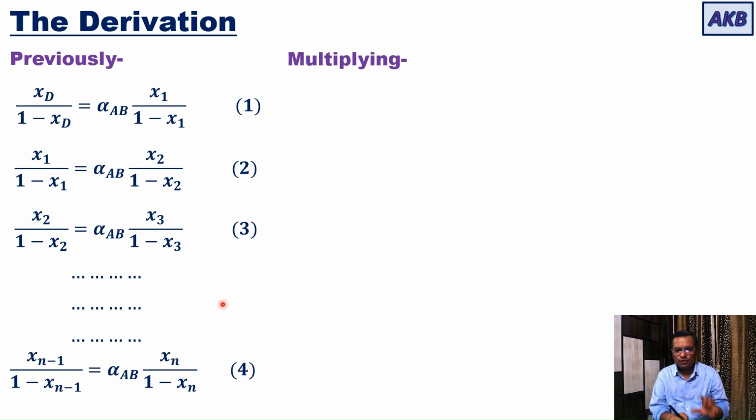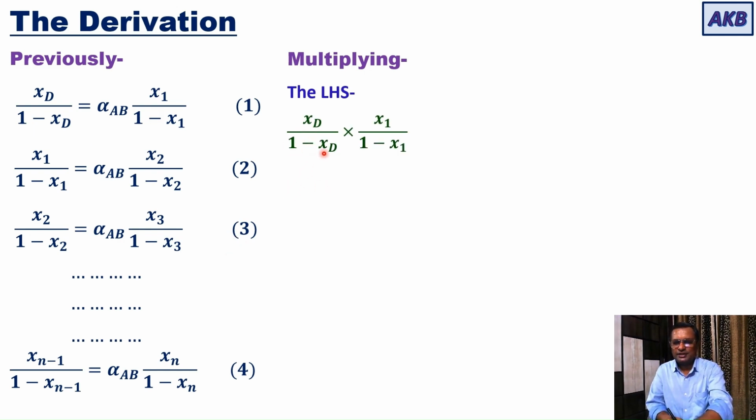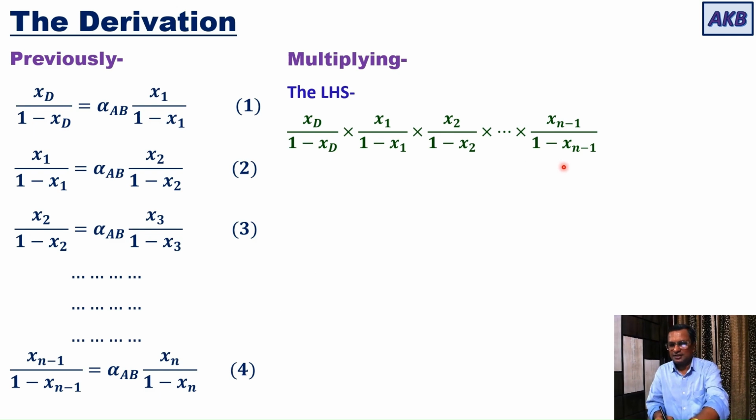Now we are going to carry out one task, and the task is we are going to multiply all these equations together. So the right hand sides will be multiplied and the left hand sides will be multiplied. If you carry out the multiplication on the left hand side, you will get xd upon 1 minus xd into x1 upon 1 minus x1 into x2 upon 1 minus x2 into the final term, which in this case will be xn minus 1 divided by 1 minus xn minus 1.